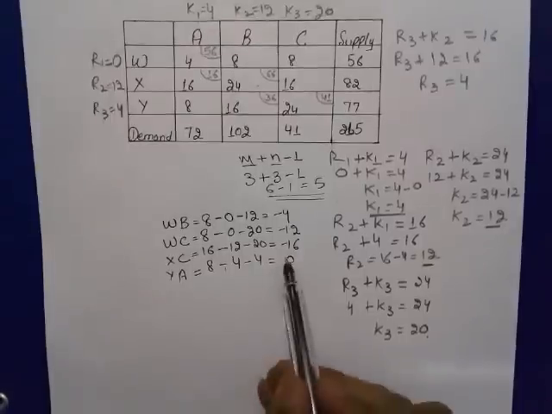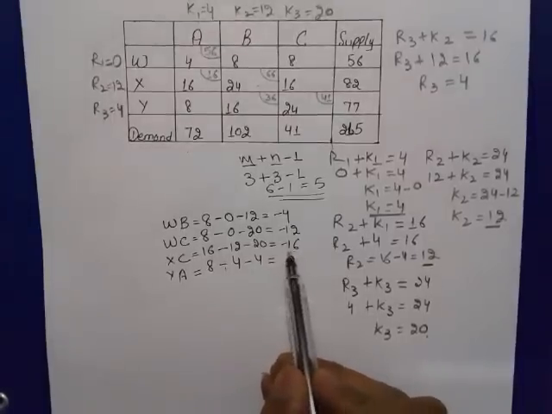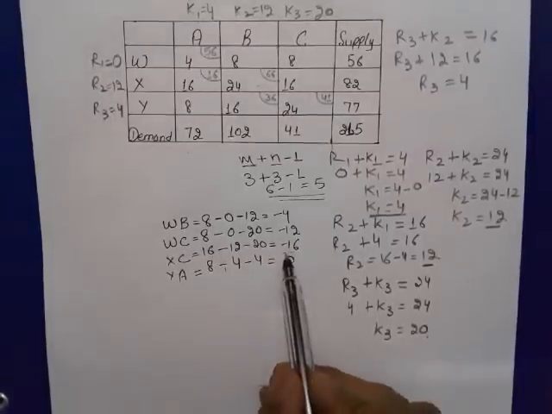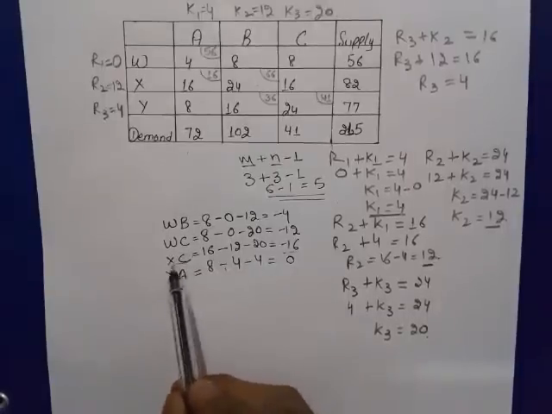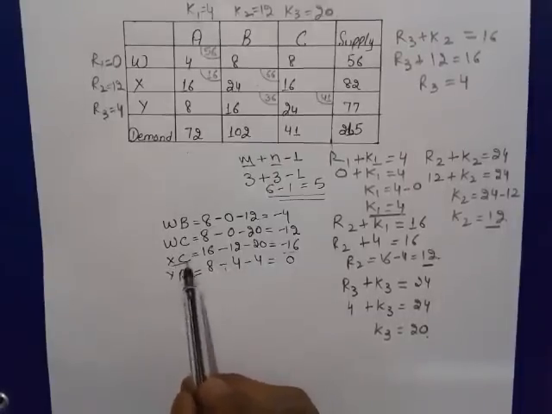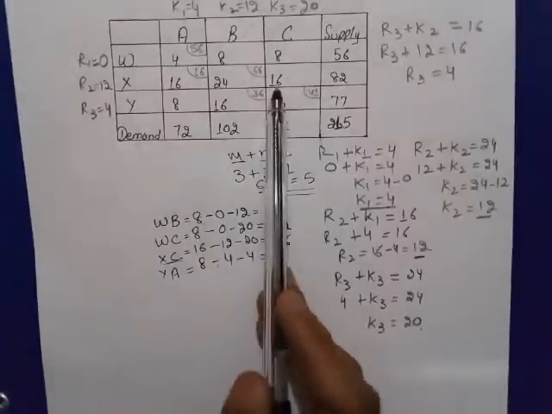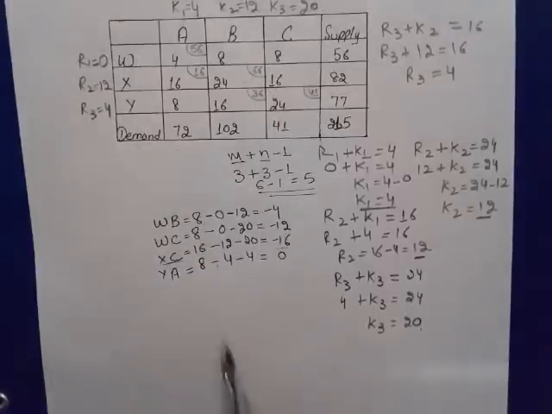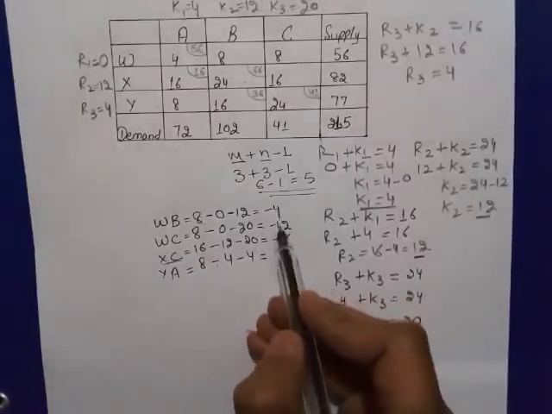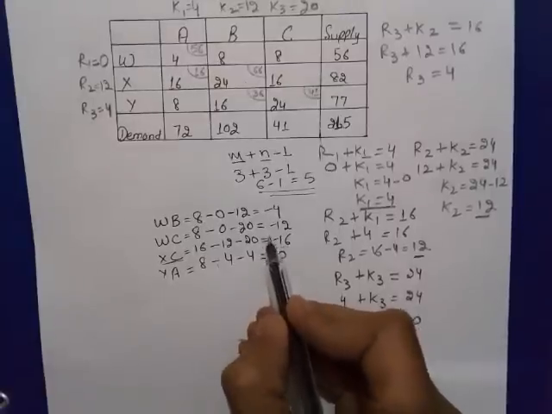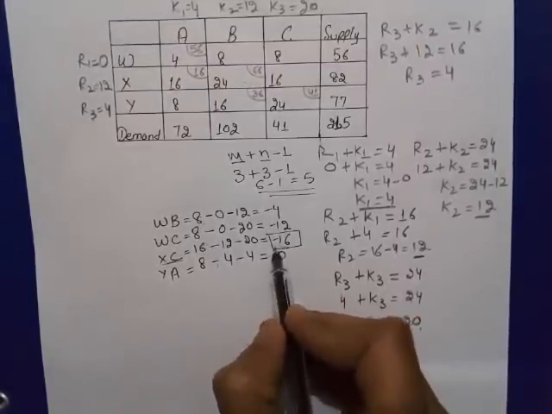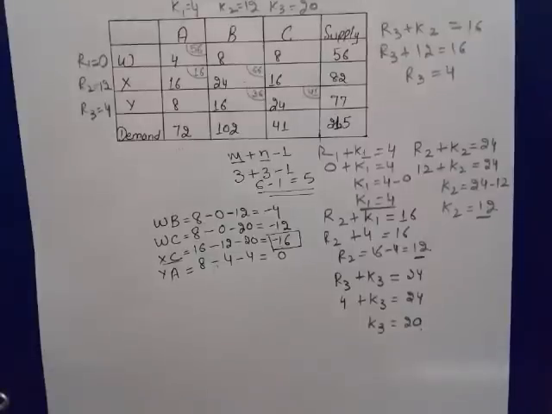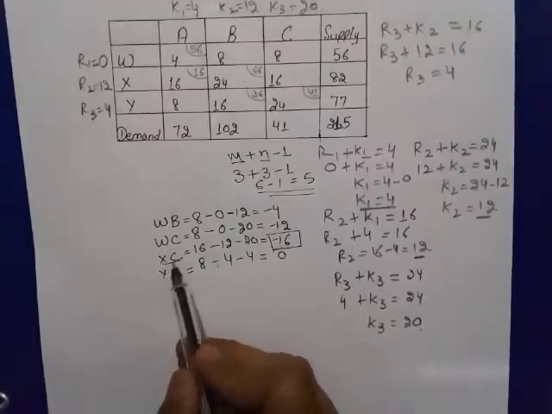This negative sign shows that there is a decrease in the transportation cost if we use these costs, XC. So out of all we have to select the highest negative. 16, minus 16 is the highest negative, XC.